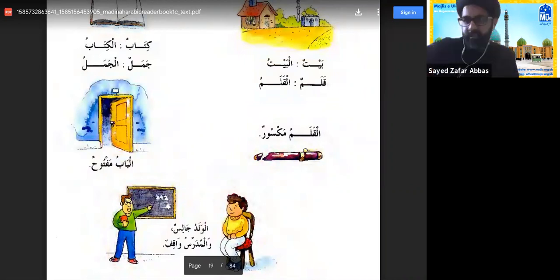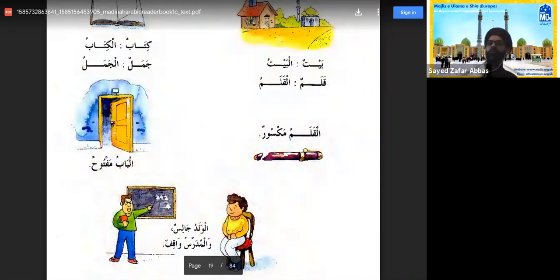It says Al-Qalamu Maksur. So if we unmute Qasim, if you tell us Al-Qalamu Maksur, how do we translate it in light of the picture that we got there?